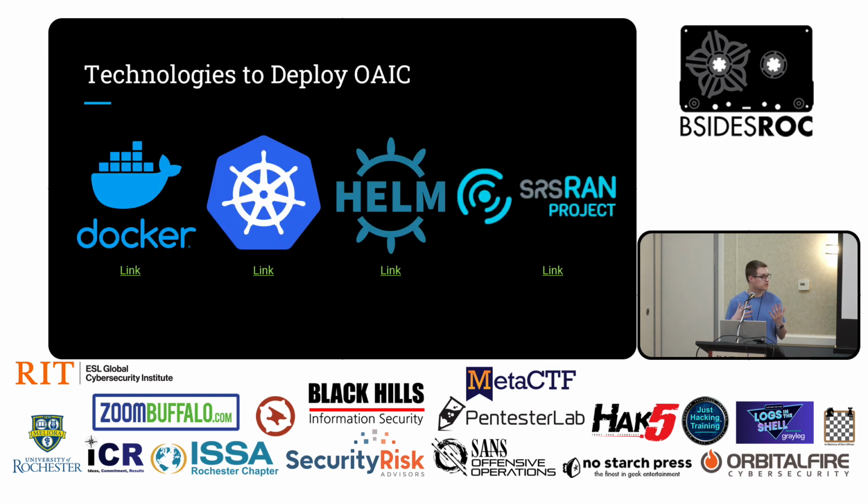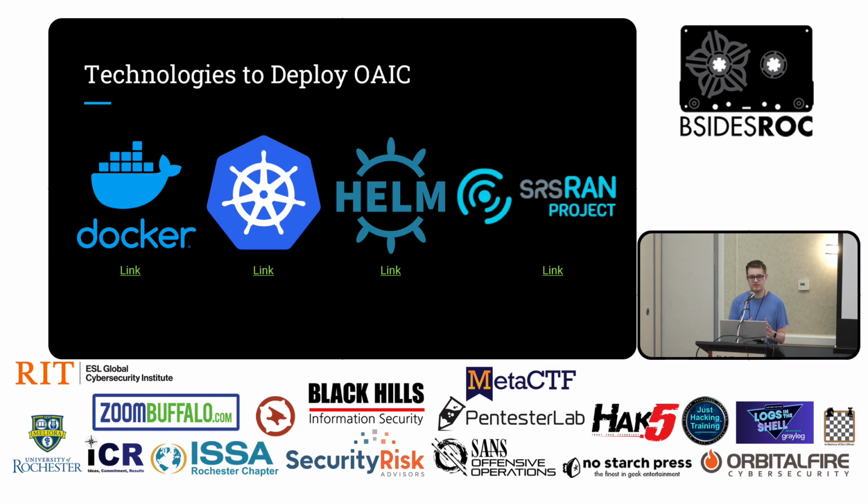Some of the technologies that go into OpenAI Cellular include Docker and Kubernetes. Those are really part of the containerization of the different tools and software that we're going to be using. We're having them all separated in their own separate containers. Helm is going to be responsible for the managing of the packages that are all involved.